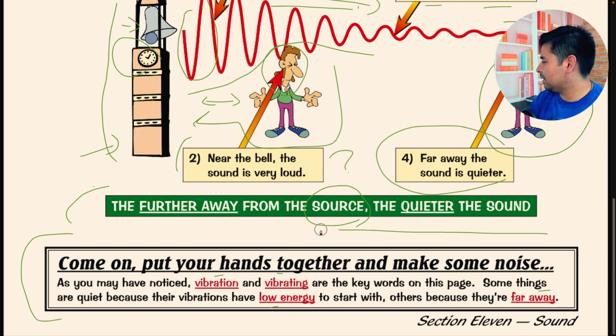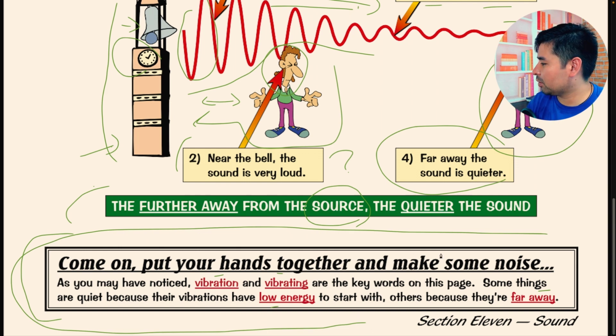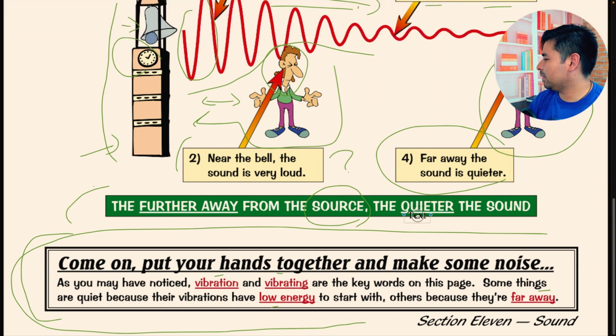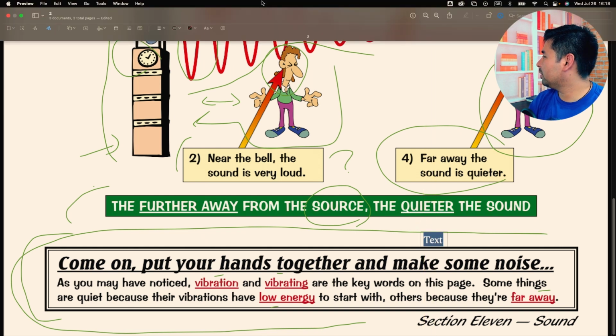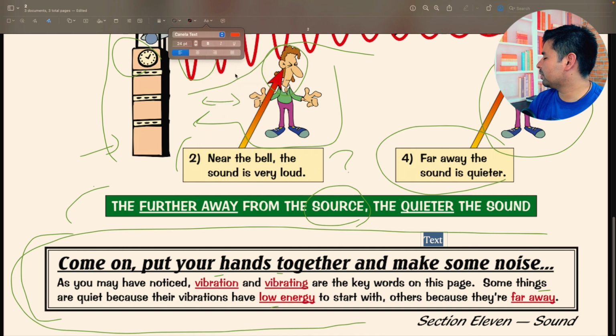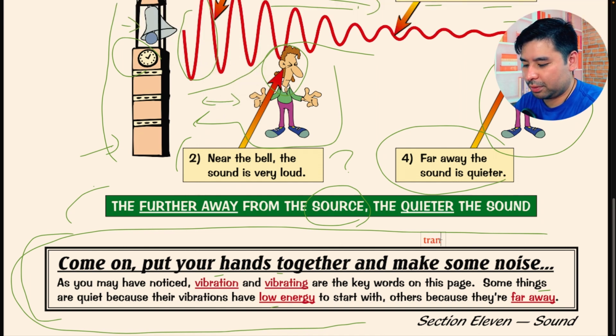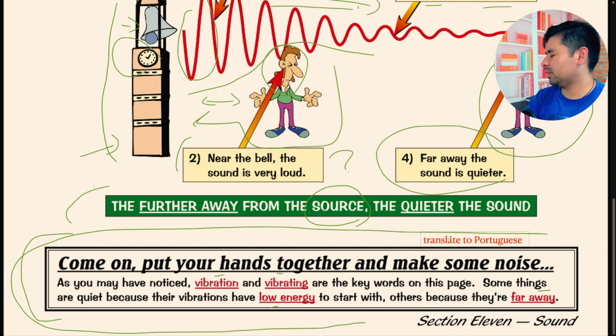So please, this sentence here, I would like you, student, to translate to Portuguese. I'm going to put it here. Let me change the color, just to be more attractive. So please translate to Portuguese. This is one homework for you guys.